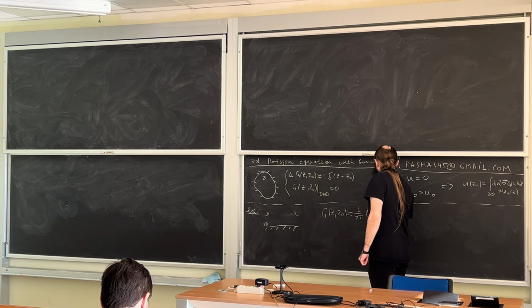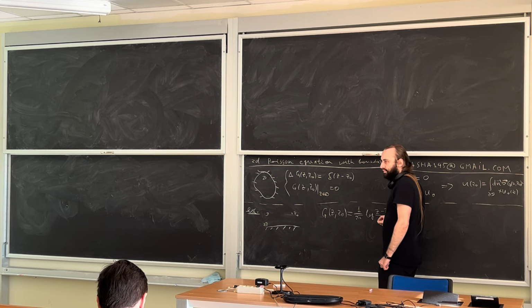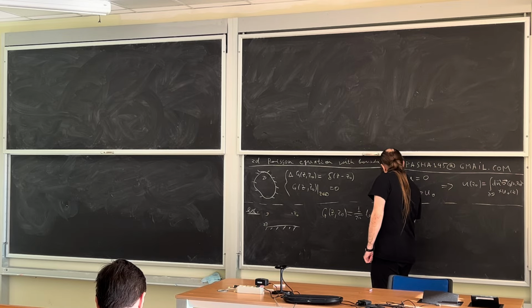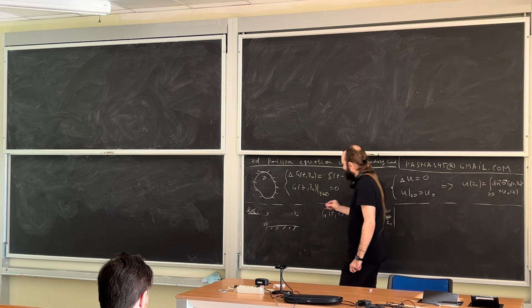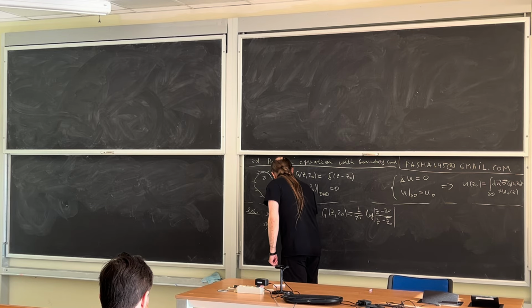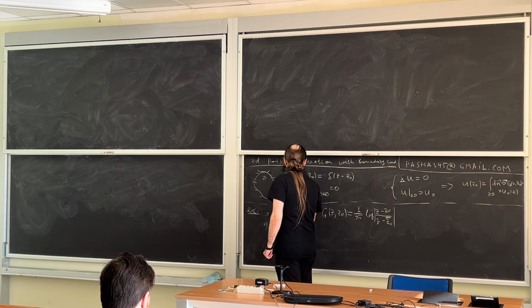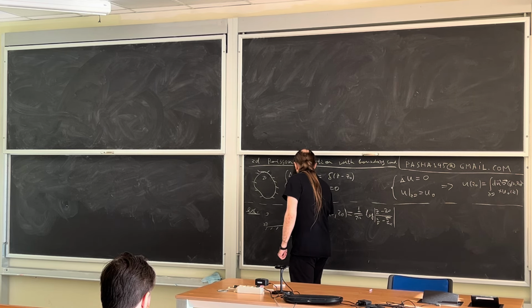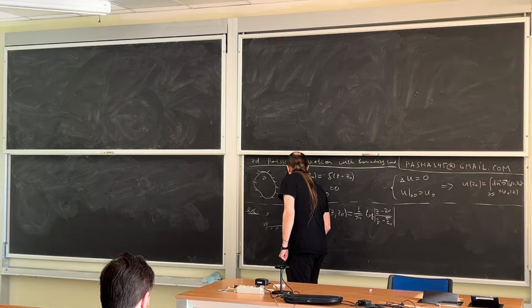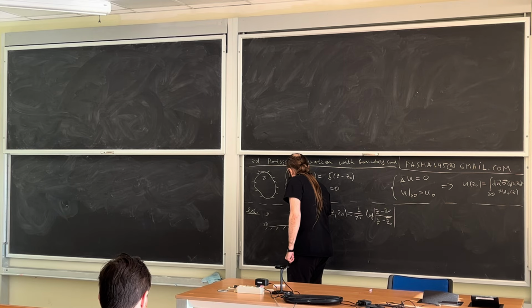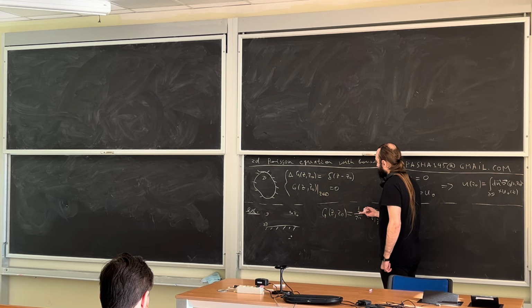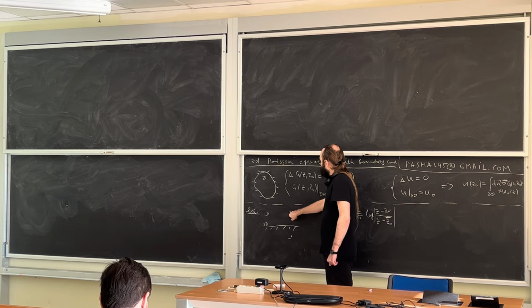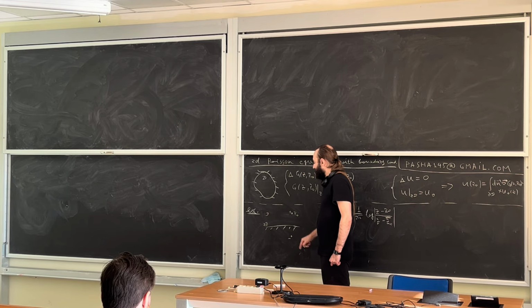Logarithm of absolute value of z minus z0 over z minus z0 conjugate. Thanks. So it can be obtained as a combination of the potential created by this charge and its mirror image.